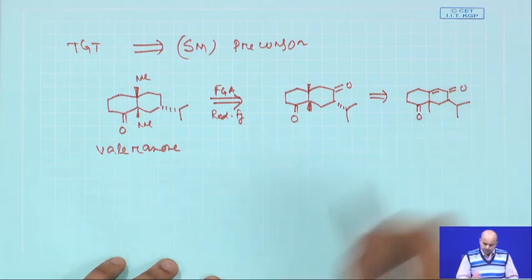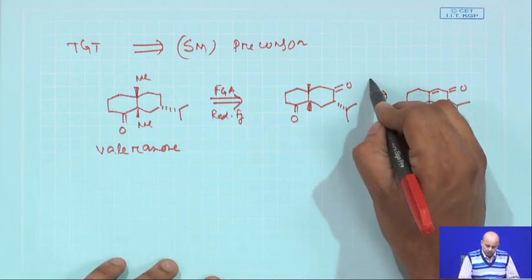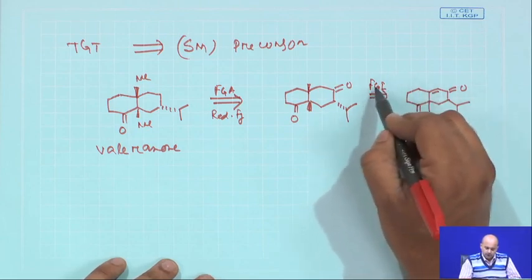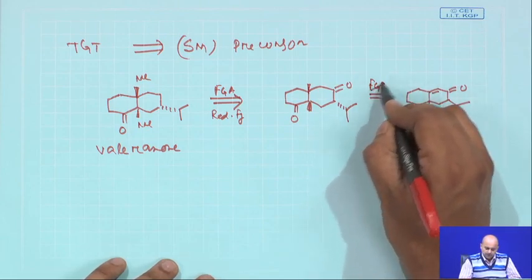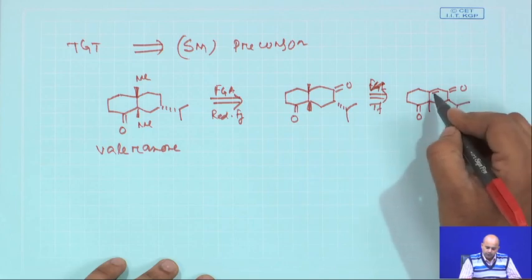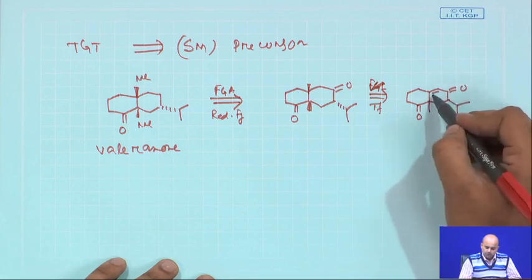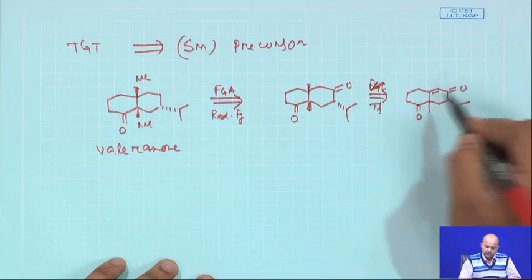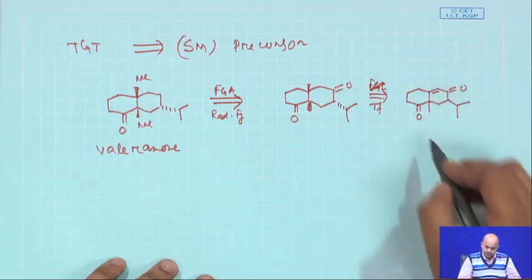Here we are saying that we will be doing a functional group interconversion, or rather it is not a functional group interconversion, it is basically a transformation. It is a 1,4 Michael addition of a methyl nucleophile to this alpha beta unsaturated ketone system.